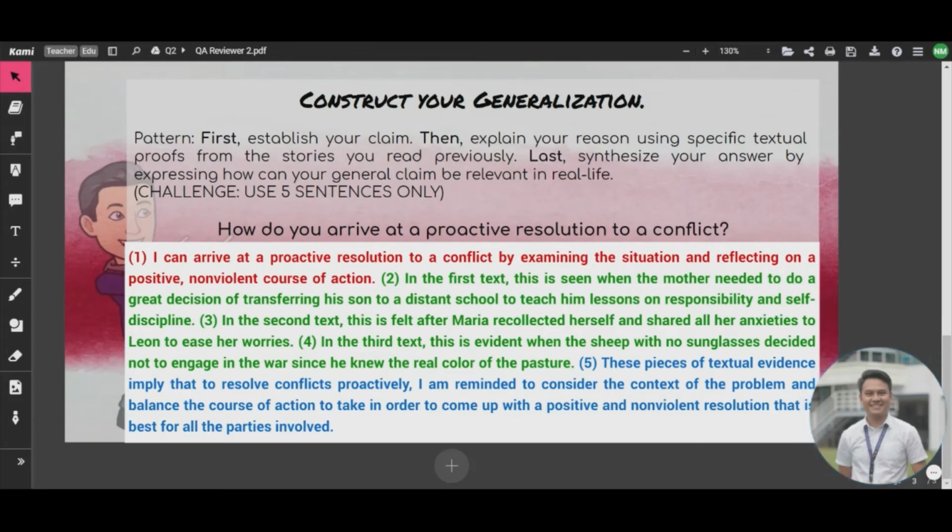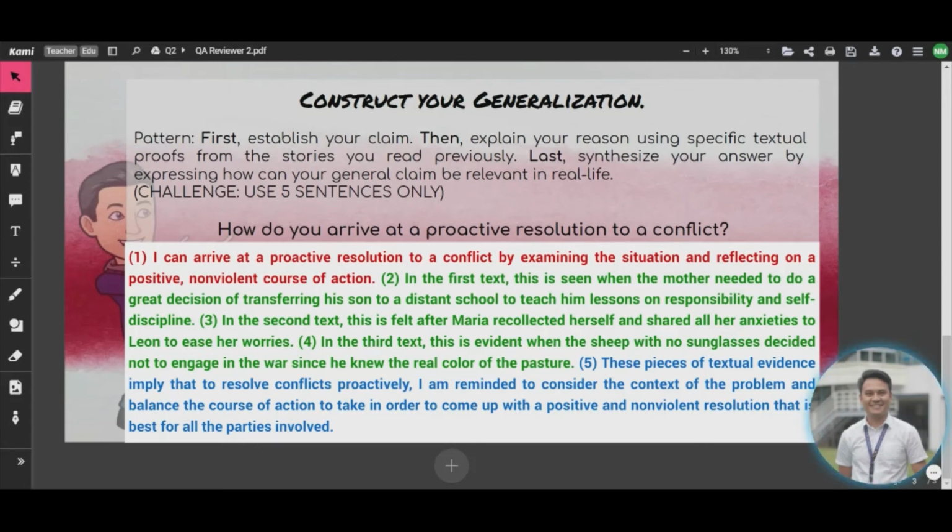The first sentence, the one in red, is the claim. And the following sentences, numbers 2, 3, and 4, are the textual evidence. And again, the purpose of this is to support the claim given. And the final sentence, sentence number 5, is the reason that ties and discusses the connection of our chosen textual evidence in supporting our claim.